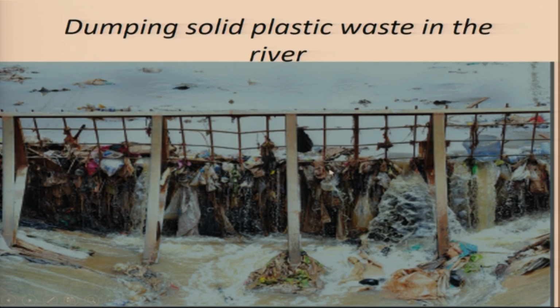Look at all those rubbishes there. They are brought in by what? Those solid plastic waste in the river. It's not the dog, it's not the cow, it's the human's activity. It was a very clean river, but look, it's man.